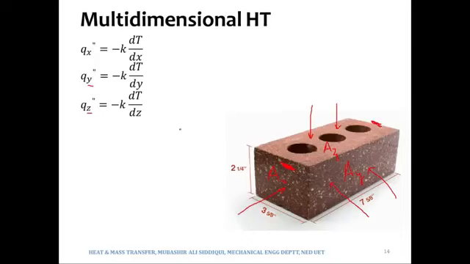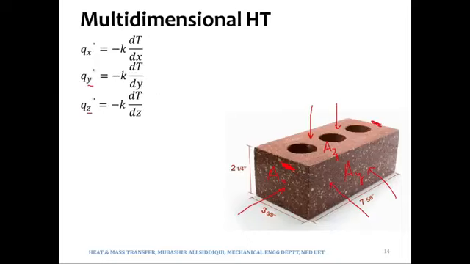So it is also not necessary that Qx and Qy and Qz are all the same. It is not necessary. Qx may have a different value, Qy may have a different value, and Qz may also have a different value depending upon the temperature differences and depending upon the thicknesses of the medium, delta X and delta Y and delta Z. Right?